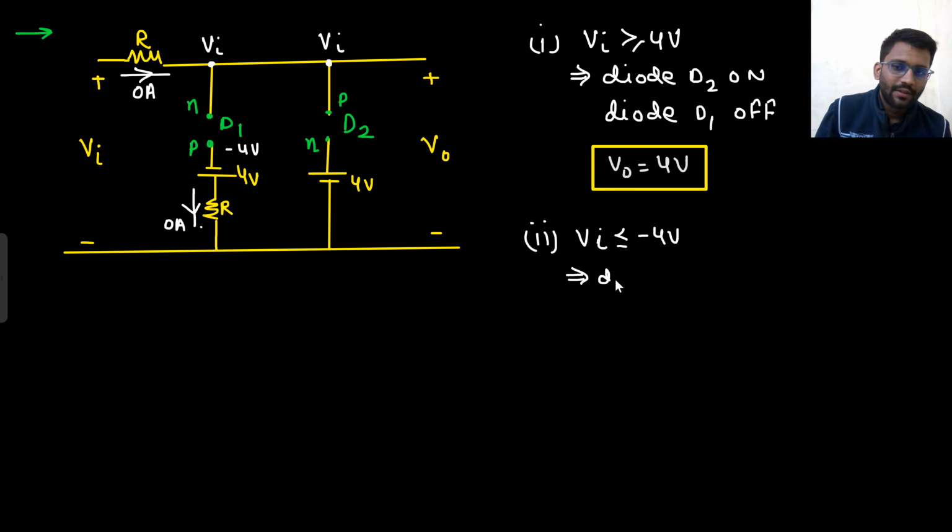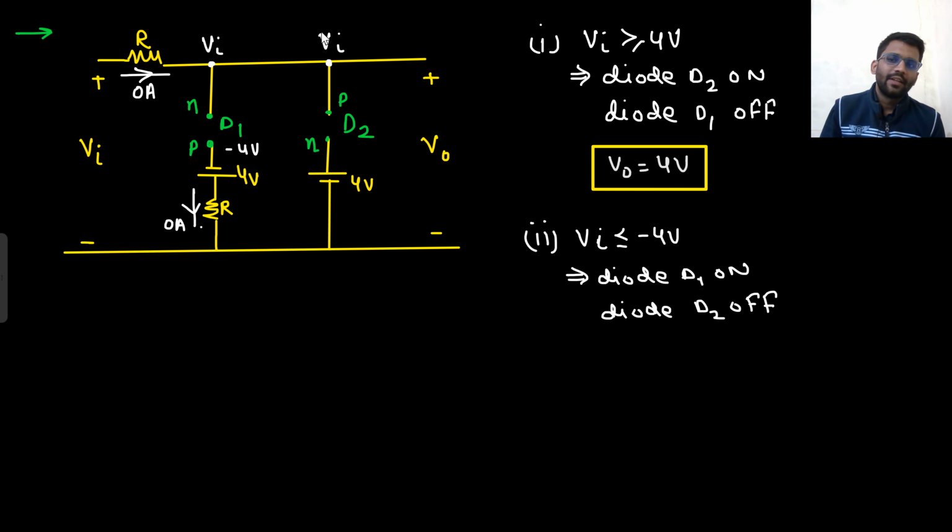That means diode D1 will be on and diode D2 will be off, right? Because if V in is less than minus 4 volt, that means P is at negative potential, so diode D2 will simply be off. So if diode D1 is on, tell me what will be the output voltage. It will be minus 4.